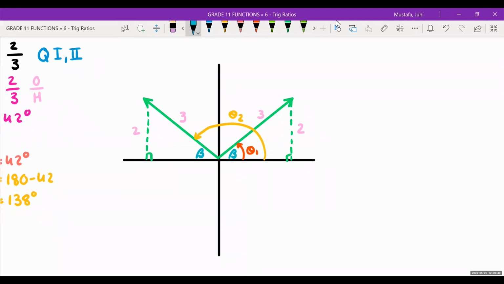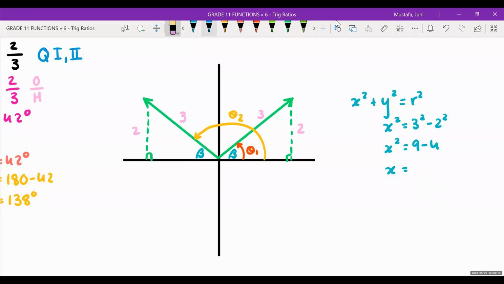But in this question, if we say x squared plus y squared is equal to r squared, x squared is going to be equal to 3 squared minus 2 squared. It says exact values, so we should keep it as a radical. So 9 minus 4, x is going to be square root 5.